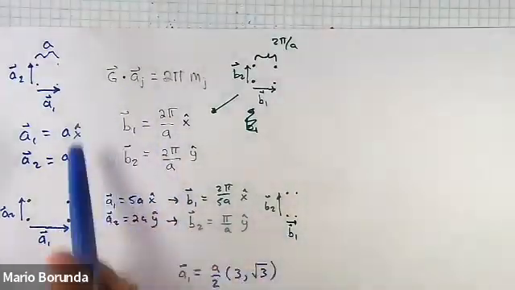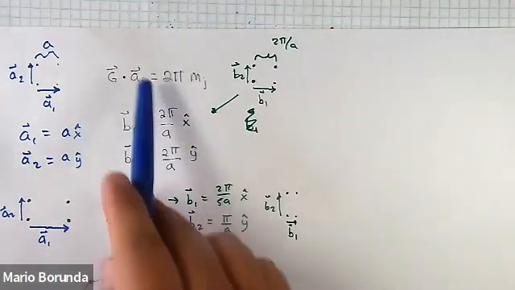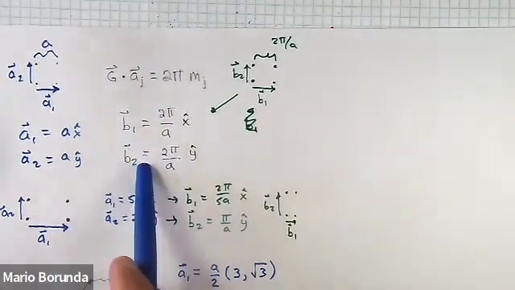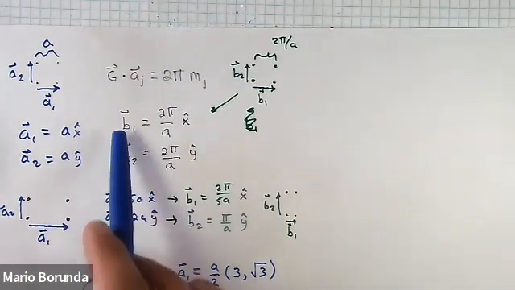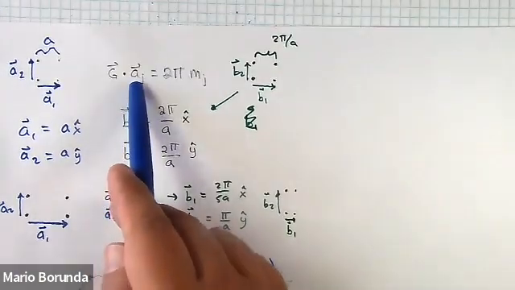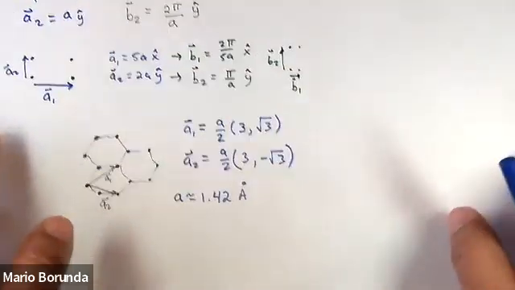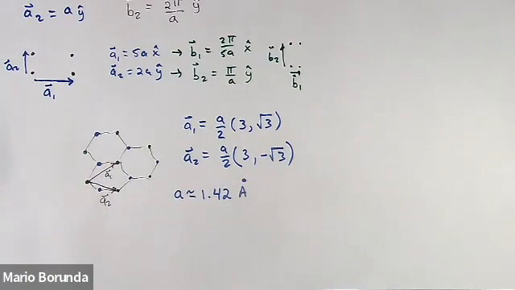So now I want to find, for these vectors A1 and A2, my B1 and B2, so that when I multiply those two vectors dotted with A_j, I would get 2 pi. So I can do that.